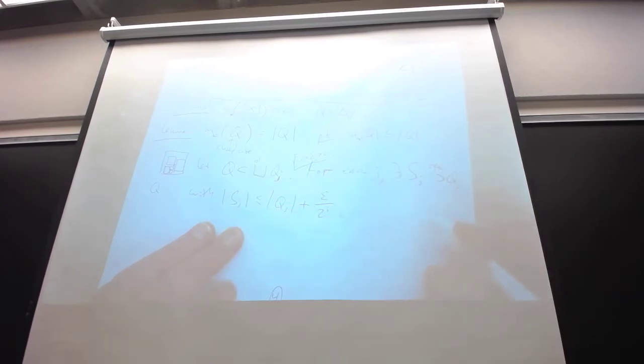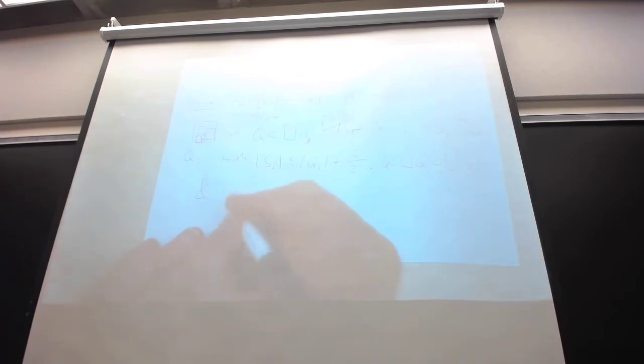Okay? The Sj's cover the Qj's, so the union of the Sj's covers this almost disjoint union of the Qj's, which covers Q. And Q is compact, which implies a finite number of the Sj's bounds it.